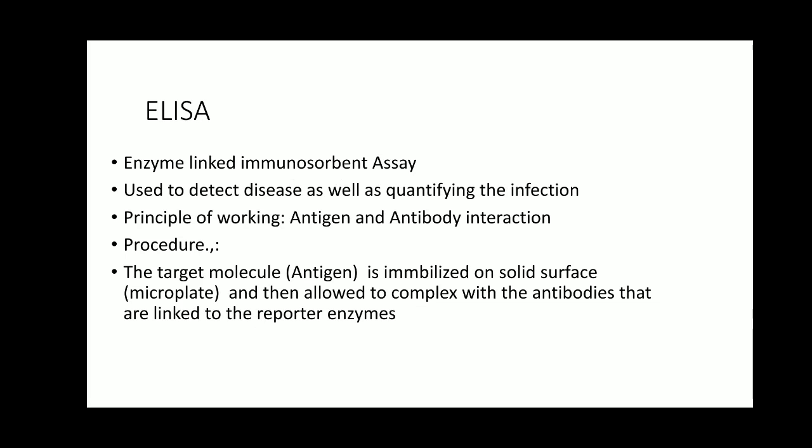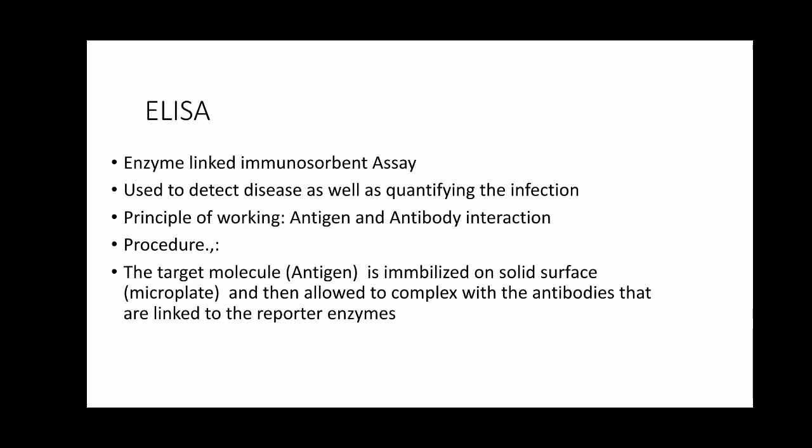In the ELISA test, if you want to analyze the antigens or the antibodies, after the formation of the antigen, the antibodies are produced. To find the amount of infection in the body, we can isolate these antibodies from the blood cells and allow them to interact with the specific antigens. Now we know if the person is HIV positive.